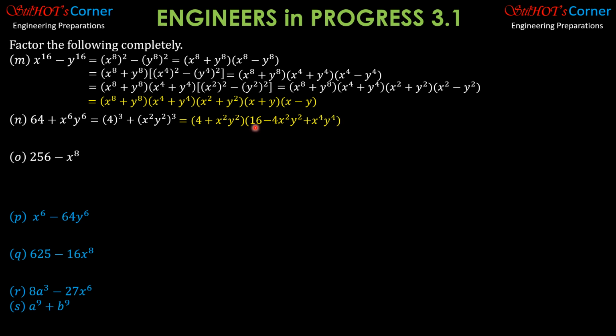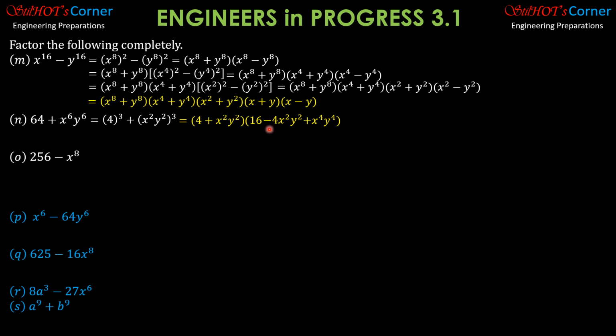Though these are perfect squares, the square root of 16 is 4, the square root of x to the fourth y to the fourth is x squared y squared, then their product 4x squared y squared times 2 is 8x squared y squared.